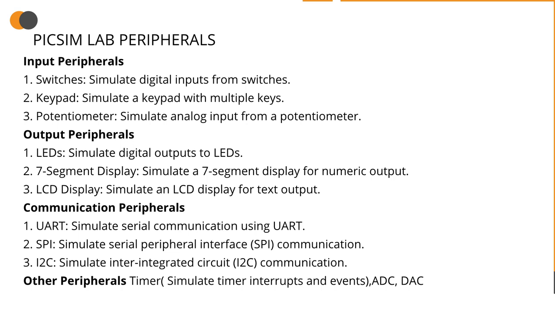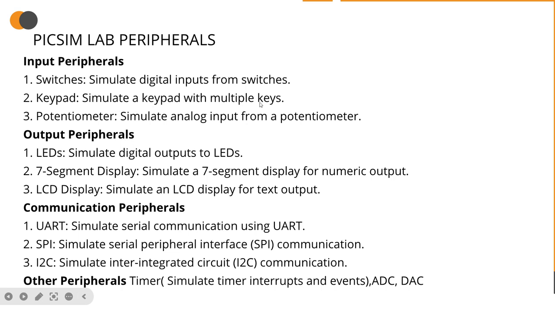PICSimLab peripherals include input peripherals, output peripherals, communication peripherals and others. For input peripherals, we are using a switch, a simulated digital input. Keypad: a keypad can be seen in our daily life, such as in old keypad phones, which contain numbers and alphabets too.